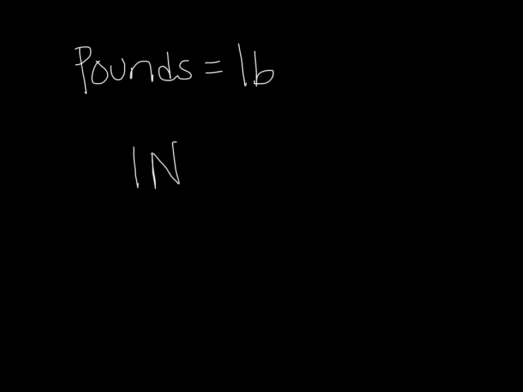There are also other units outside of the SI units that are the British units, and that's what we use when we talk about our weight. So we usually talk about our weight in terms of pounds, and we can write that as lb. And 1 Newton is equal to 0.225 pounds.